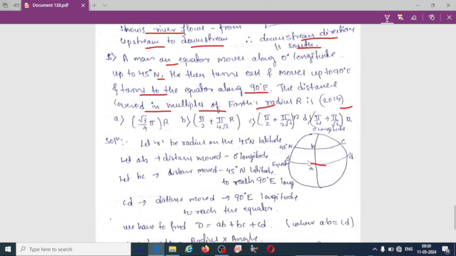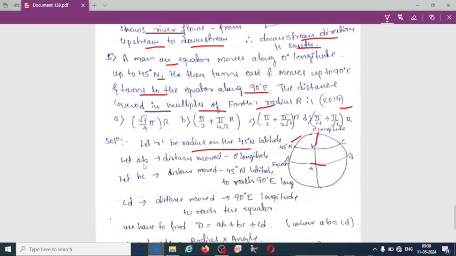This is the equator, 0 degree. So 45 degree north, that is, 0 degree longitude up to 45 degree north. So here is the line for 45 degree north. Draw the line, and this is the 0 degree longitude. So the distance covered in multiples of earth radius R. Once you draw the lines, mark here A, B, C, D. Let r be the radius on the 45 degree latitude.